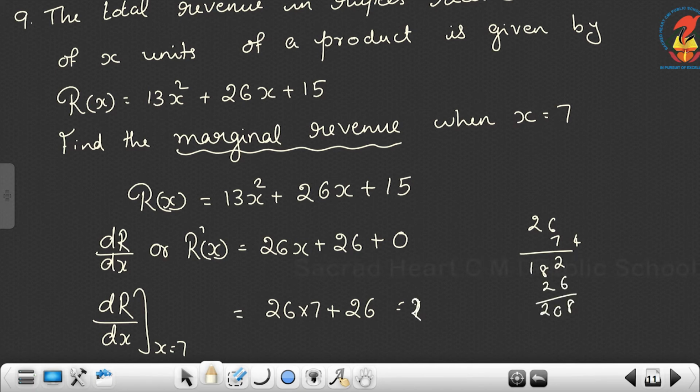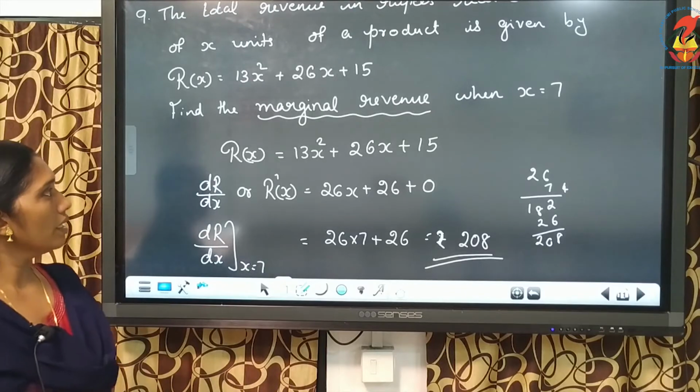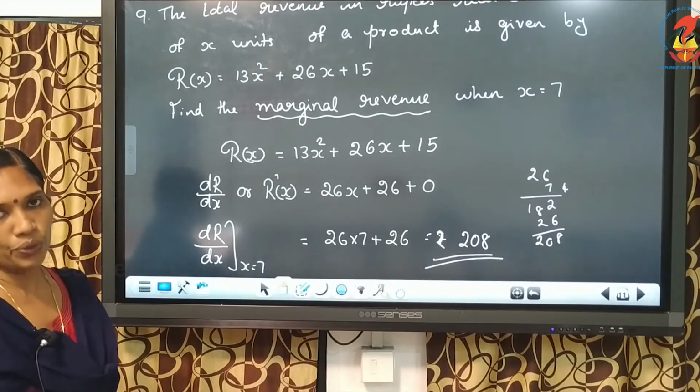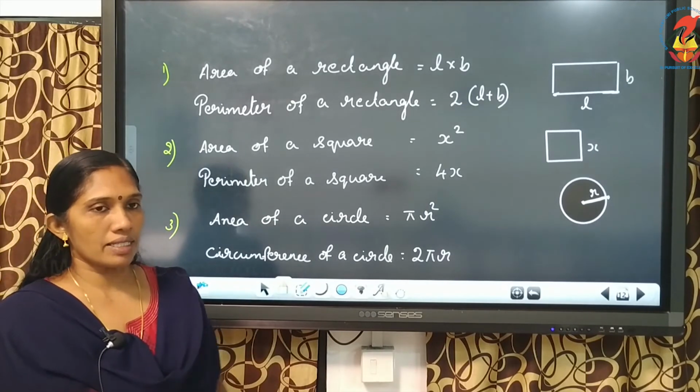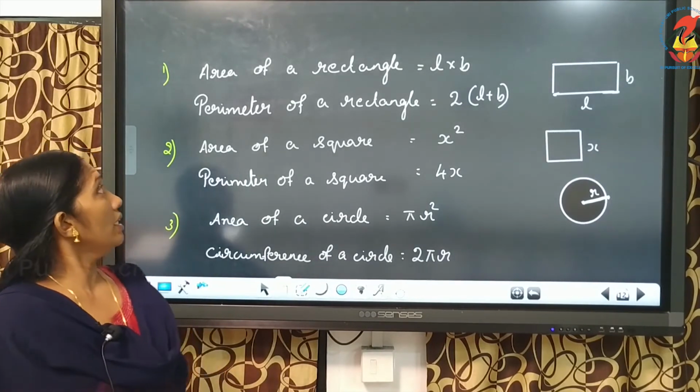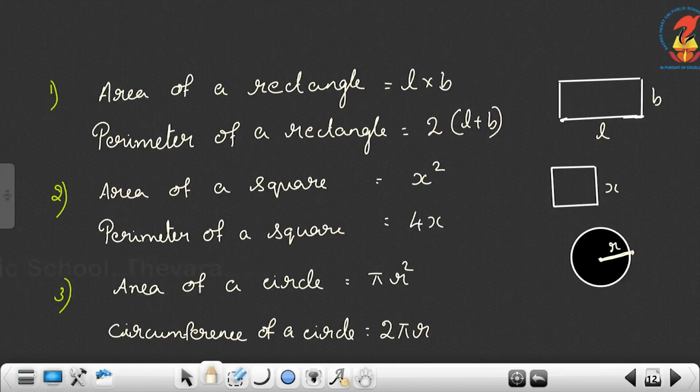So rupees 208. So that is the marginal revenue. Now for doing problems in the first exercise, that is exercise 6.1, you need all these results.